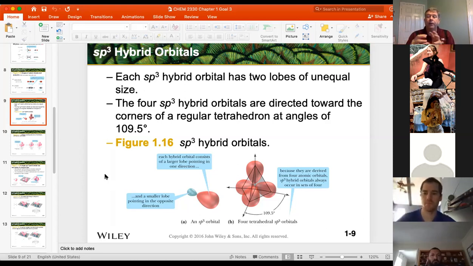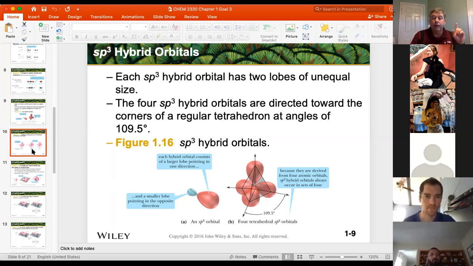And when we do that, we try to get the 4 biggest lobes as far apart as possible. When we do that, that gives us our tetrahedral structure, okay? Only one side of the lobe is slightly enlarged and they spread out as much as they can. There are no p's to worry about. That's all we have to worry about, those 4 equal, slightly enlarged p-shaped orbitals, okay?